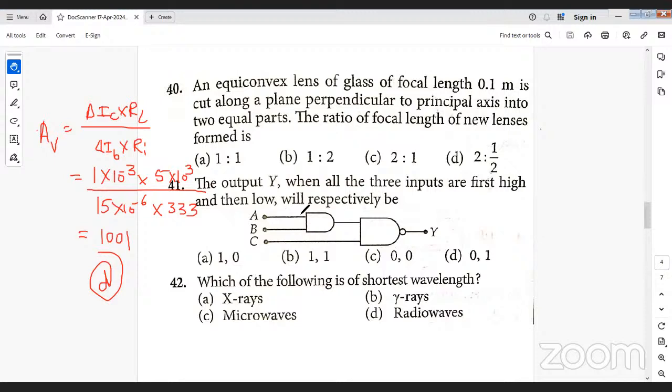So high means 1, 1, 1. So here this is 1 1. So 1 1 in the AND gate will be 1, and here already 1 is there, therefore 1 1. The output will be what? That is the negation here, therefore it is 0. So the first output is 0 when all the values are high.